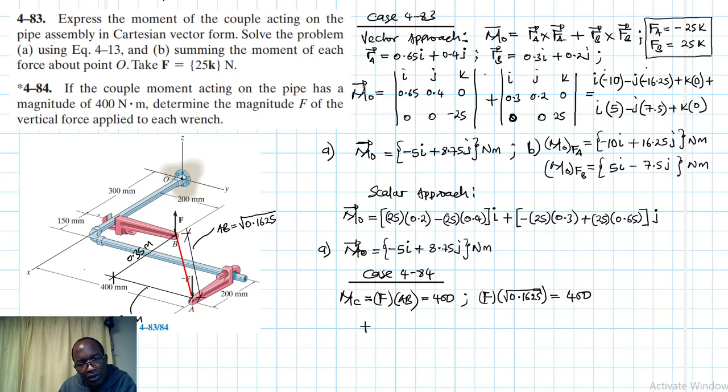And then we make F subject of the formula. Then we'll have found our couple force. So 400 divided by the root of 0.1625, we find that our F is equal to 992.28 newtons. Right? 400 divided by the root of 0.1625, 992.28. This is about it.